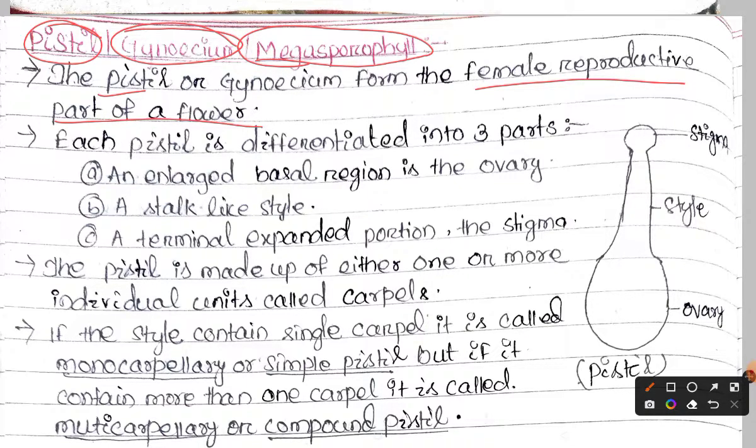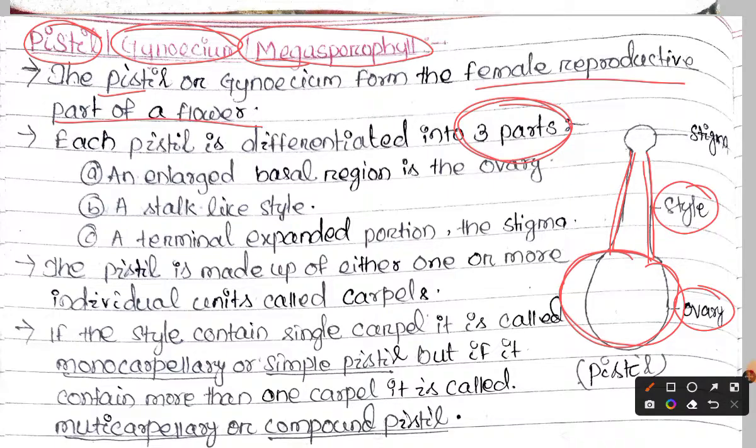Each pistil is differentiated into three parts. The basal swollen part is called ovary. The middle stalk-like elongated part is known as style, and the upper enlarged portion is known as stigma.